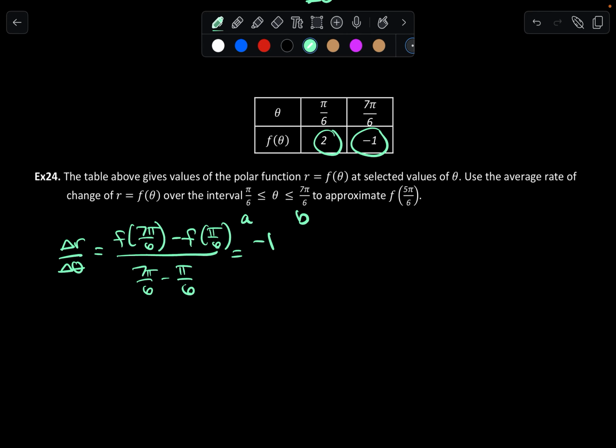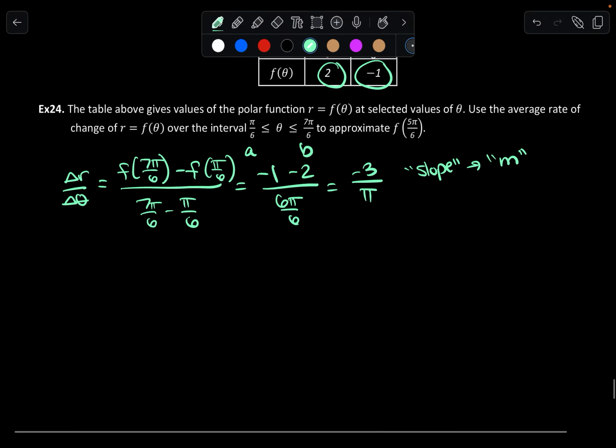F of pi over 6 is 2. 7 pi over 6 minus pi over 6 gives us 6 pi over 6. So we have -3 in the numerator, and then we end up with pi. This is essentially our slope, or your m, for your point slope formula.